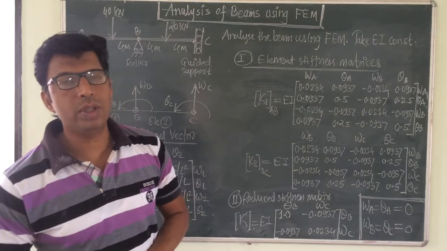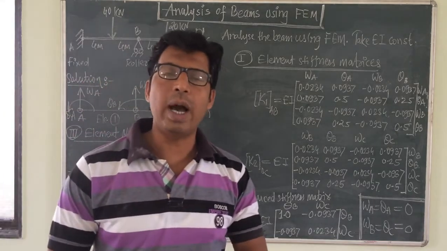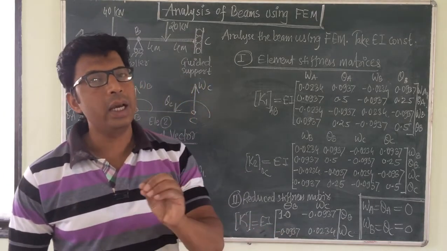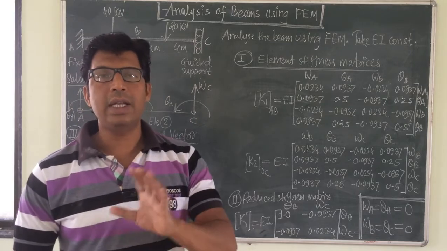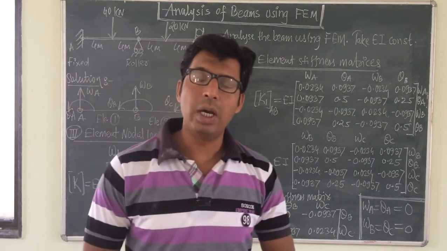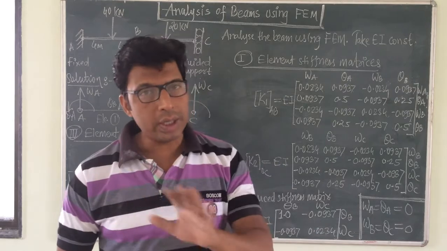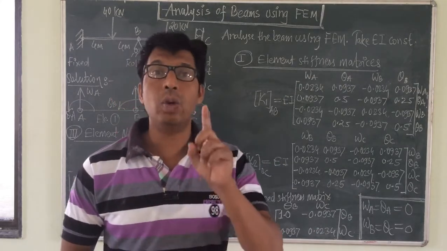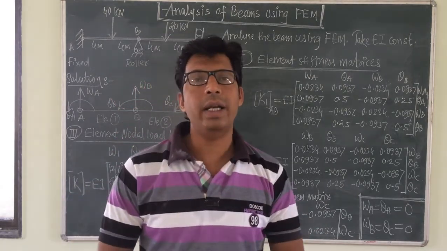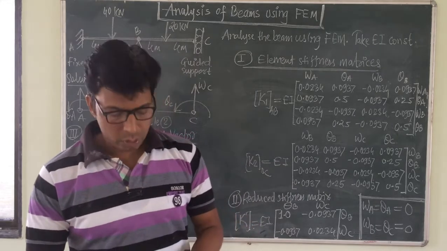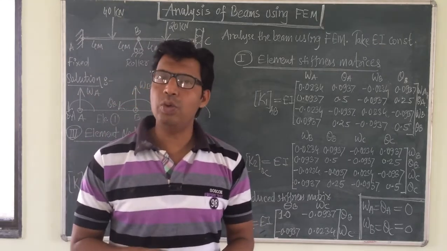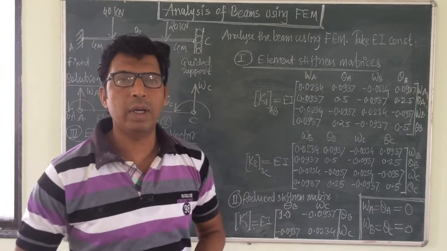Out of 6 unknowns, 4 displacements are 0 and our final unknowns are theta B and WC. Please understand, at a guided support the vertical displacement is not 0, it is unknown, and the rotation theta is equal to 0.